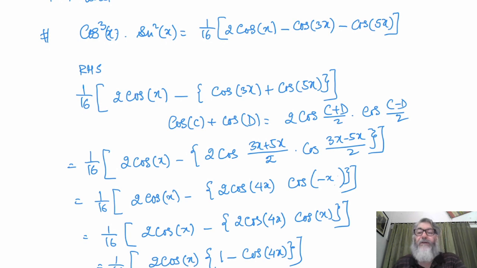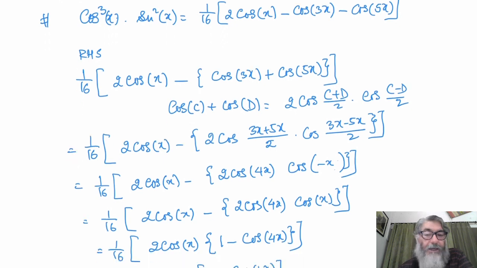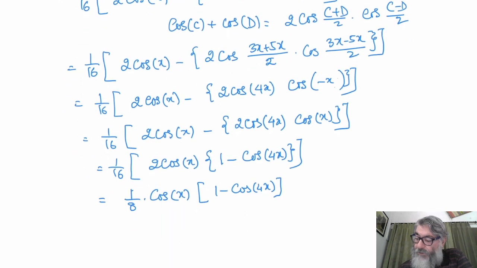Now again you are aware that cos 2x is equal to what? Cos 2x is 1 minus 2 sin square x. So I can write cos 4x as 1 minus 2 sin square 2x.